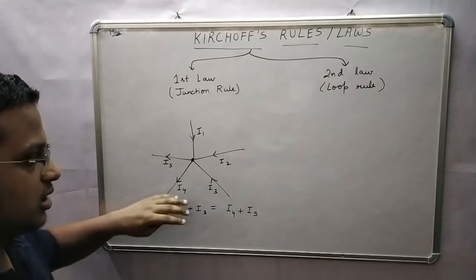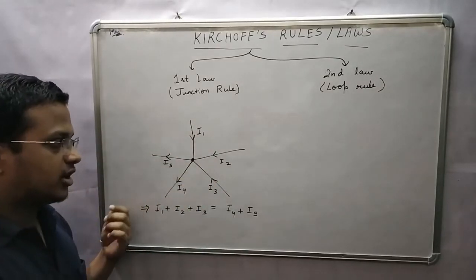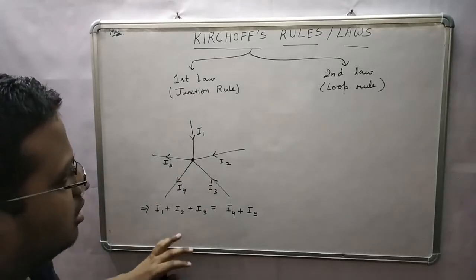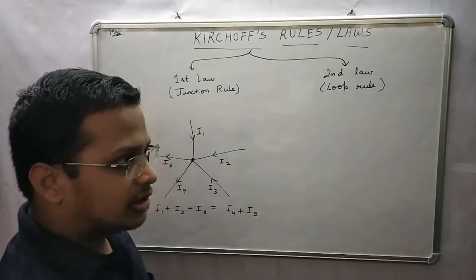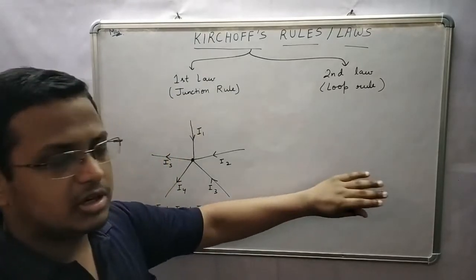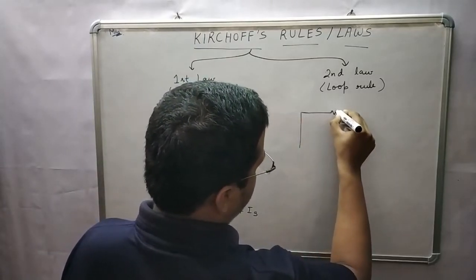This is just as simple as it is. This is the first rule. That is, the amount of current entering a point should be equal to the amount of current leaving a point. Now the second rule, this is the loop rule. What does it say? Loop means it is only applicable to closed circuits. So suppose we have a circuit something like this.